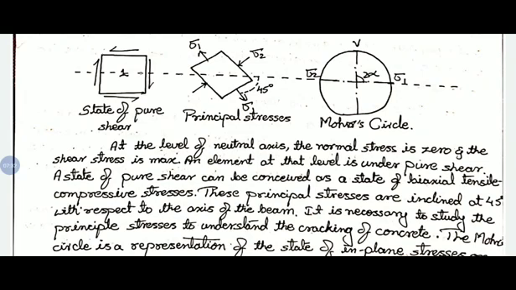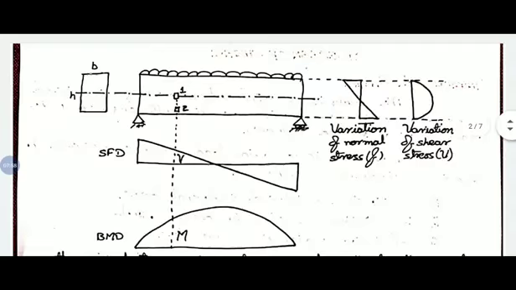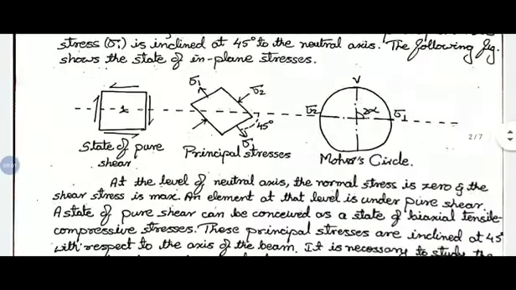For a state of pure shear, the center of Mohr's circle coincides with the origin of the axes. So if you draw the Mohr's circle for pure shear, the center of the circle should coincide with the origin of the horizontal and vertical axes. Since shear force is maximum near supports, if you observe the SFD, you can clearly understand shear force is maximum at the support.